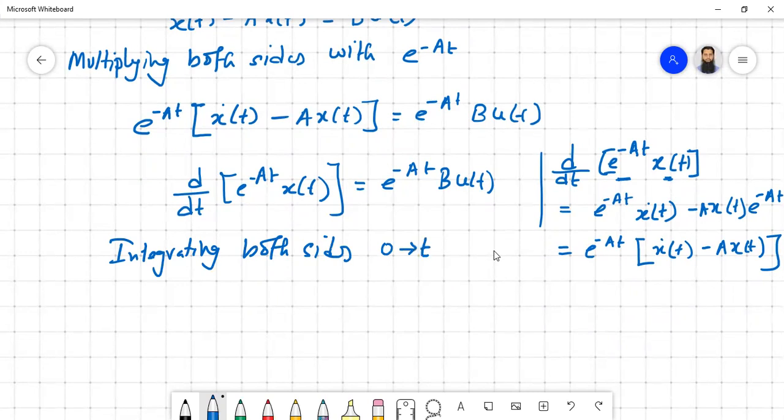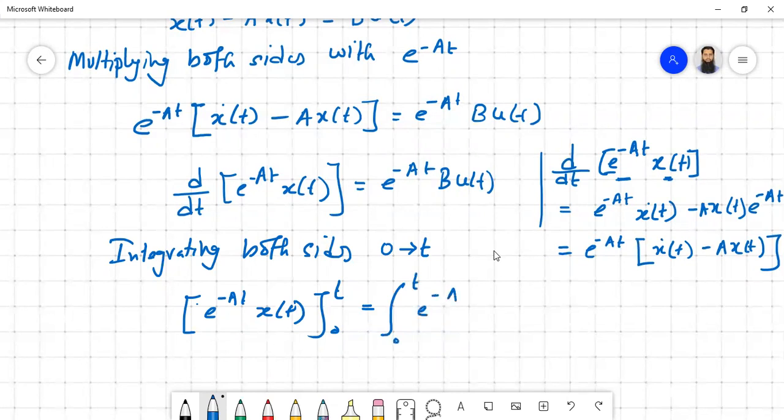The left side is whatever solution we already have, you just have to put in the limits 0 and t. On the right side, the integration from 0 to t of e to the power minus A tau B u tau d tau.